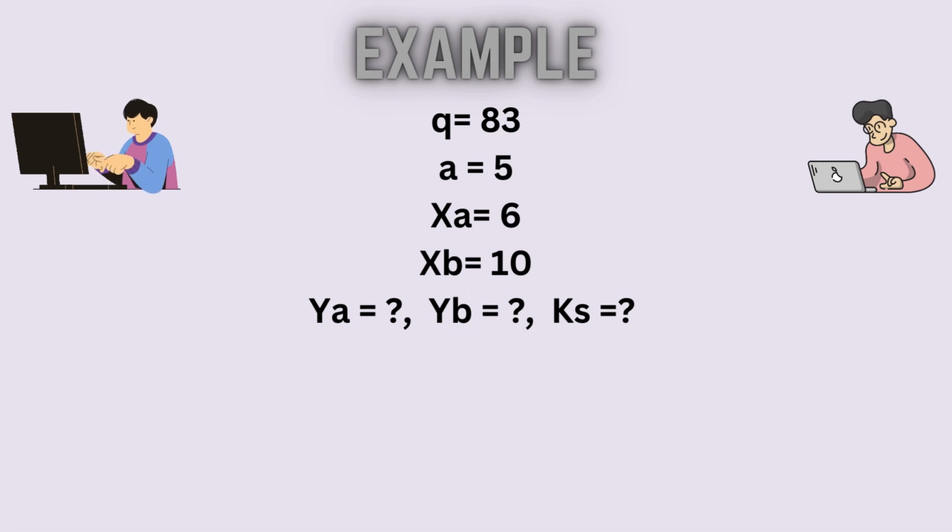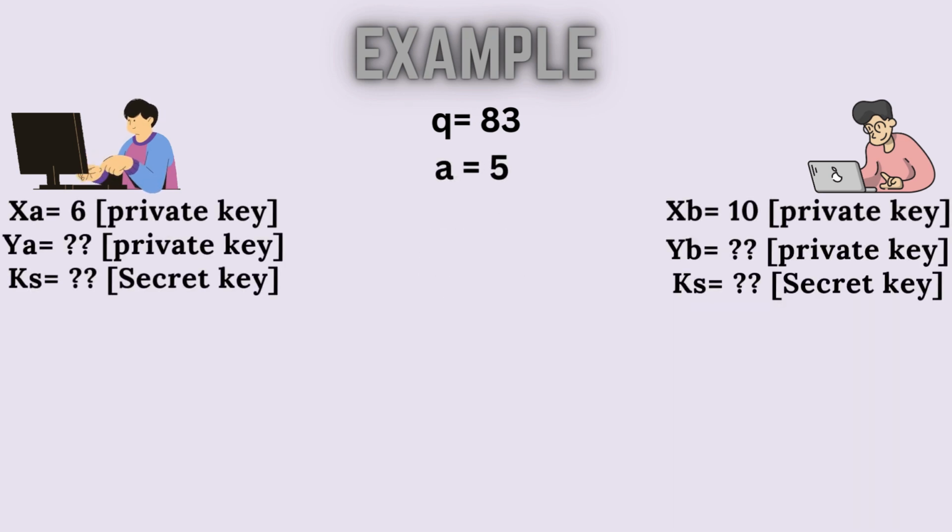If you look at this example, we have been given Q, a large prime number 83, and alpha, which is a primitive root of Q. You can also go and verify it. Then we are given the private keys for user A and user B, and we have to calculate the public keys for both, and also calculate and verify the secret key at both ends.